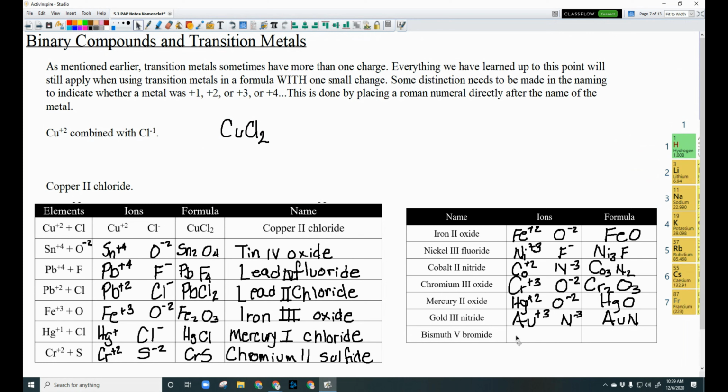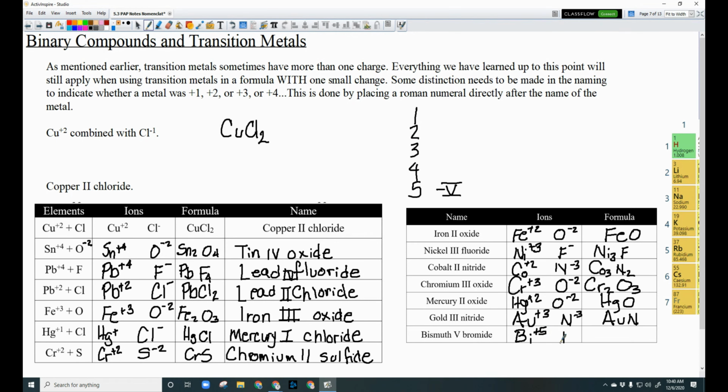Okay, so bismuth. Oh, I'm sorry. It's a transition metal, so it changes. Here it's 5. Oh gosh, V. I told you just needed 1 through 4, but I guess they're going to throw in a 5 here. Okay, so 5, remember the Roman numeral is just a V. All right. So this is +5. That's very, very unusual.